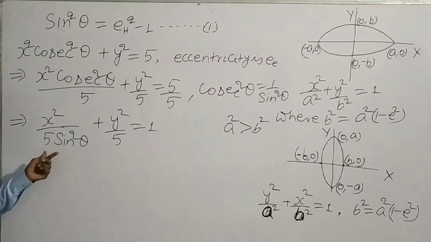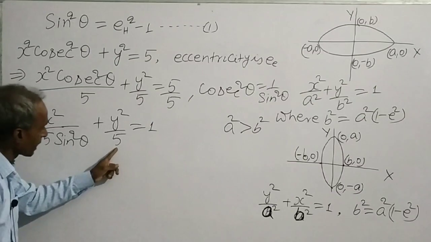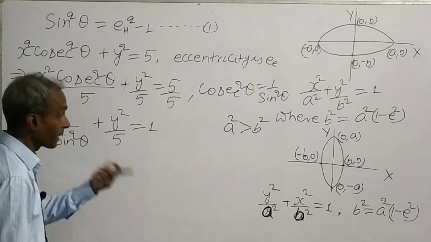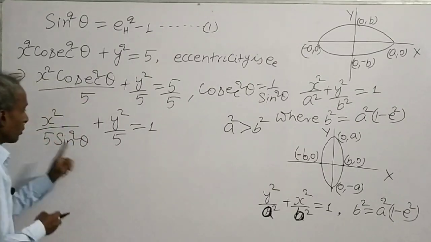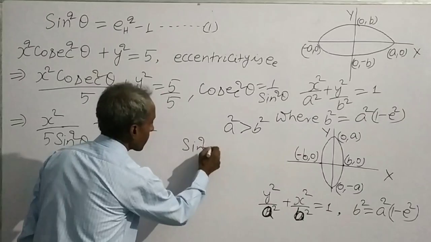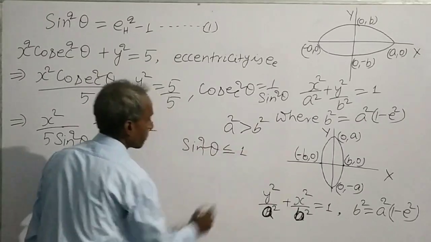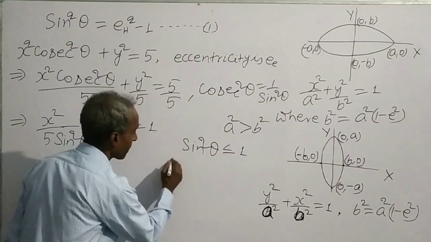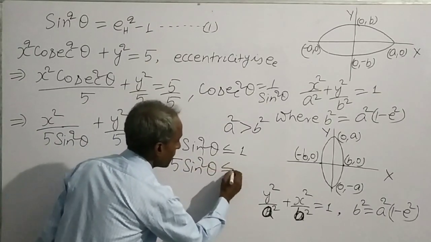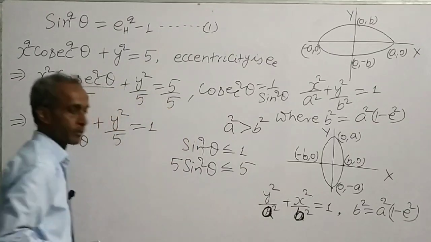Out of these two, 5 sin square theta and 5, which one is greater? We know that sin square theta is less than or equal to 1. Multiplying both sides by 5, 5 sin square theta is less than or equal to 5.